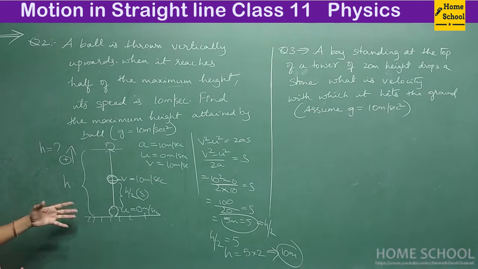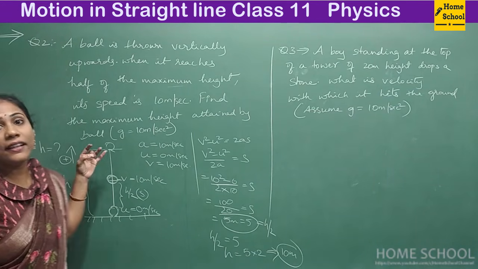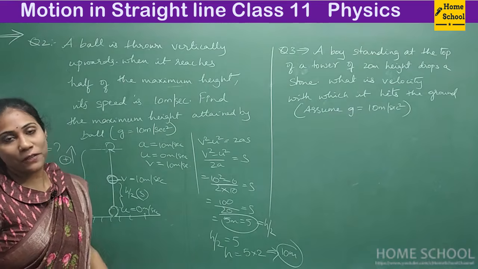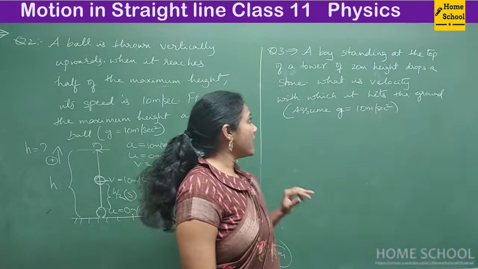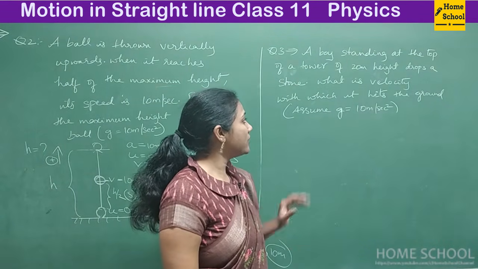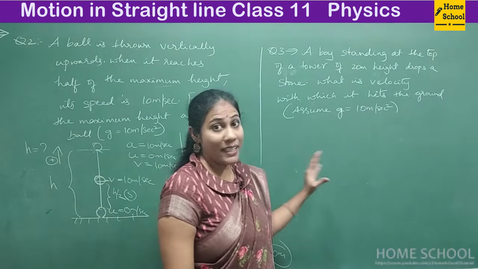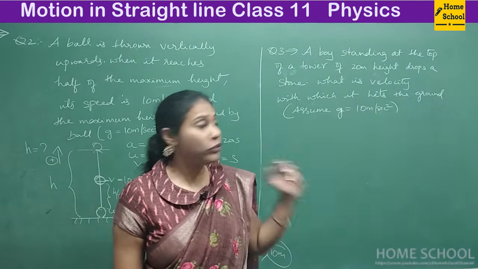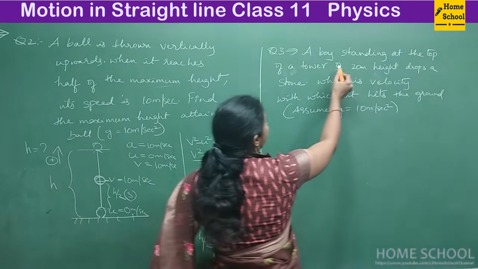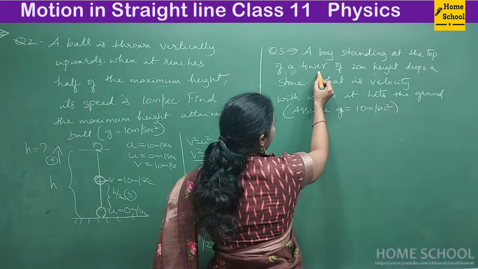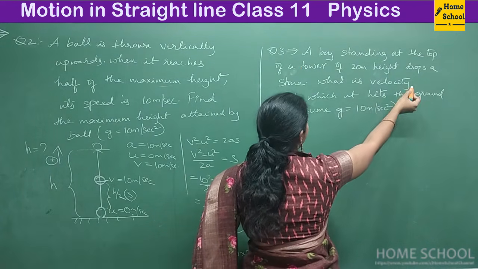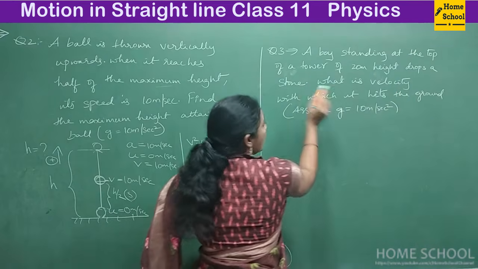So this was the question asked in the 2011 NEET examination. Okay, coming to the third question, guys, this is also a much simpler question. Just draw a diagram and understand what is given and what you have to calculate. See, a boy is standing at the top of a tower of 20 meters height and drops a stone from there.